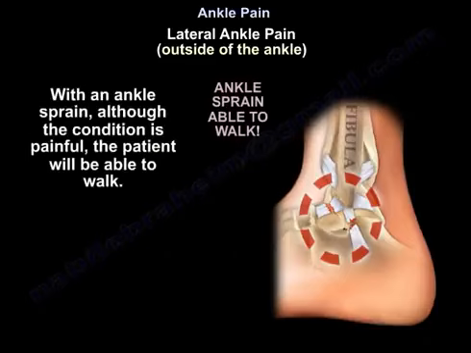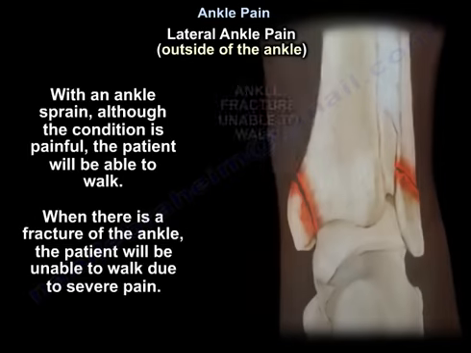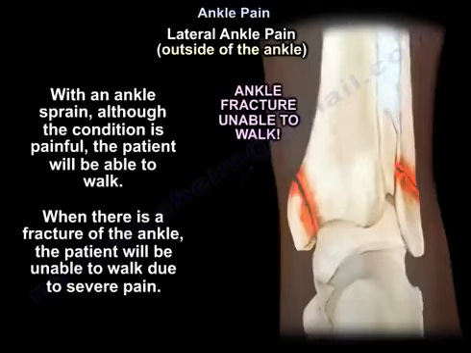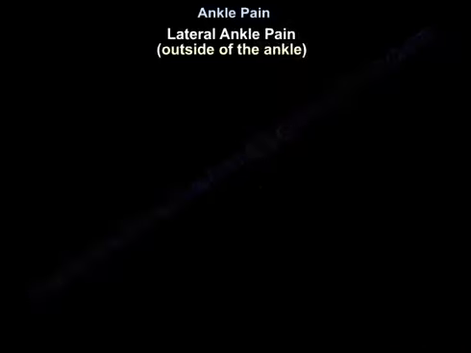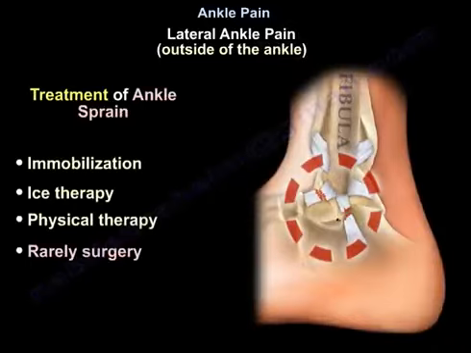With an ankle sprain, although the condition is painful, the patient will be able to walk. With a fractured ankle, the patient will be unable to walk from severe pain. The treatment of ankle sprain will include immobilization, ice therapy, physiotherapy, and rarely surgery.